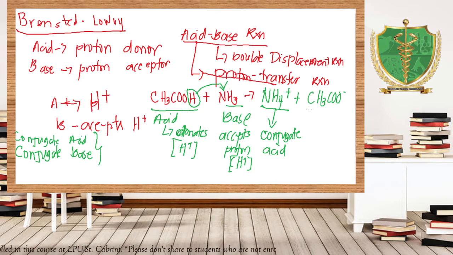In this case, acetate is our conjugate base. This is the conjugate base of acetic acid. The same thing. Acetic acid gives hydrogen for the base so that it will become a conjugate base.